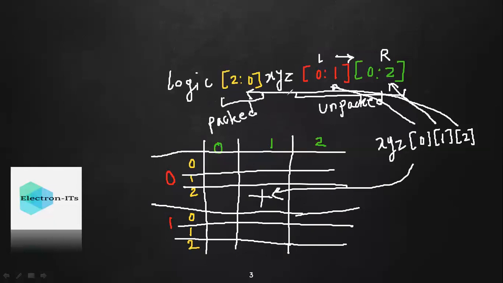This is just one example where you can have some unpacked array and some packed array dimension. Similarly, we will have two more combinations. So the simple way to remember this is, it is not related to the design. So there are types like this.